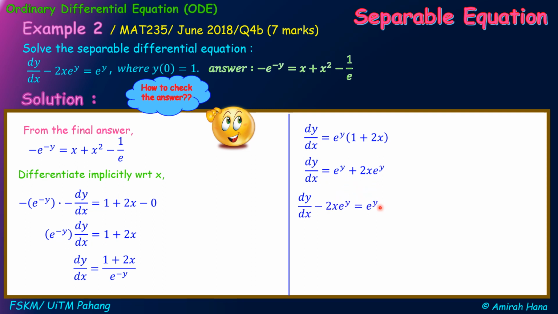From here, we can compare with the given question, and it is equivalent. This means the answer is correct, because when we differentiate back, we can retrieve the given question. So this is the correct answer.